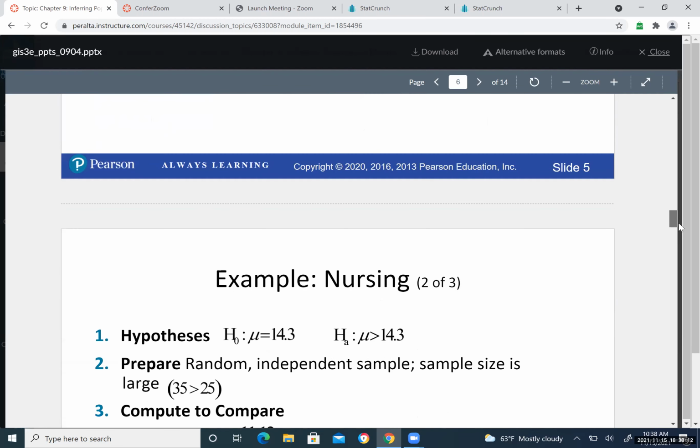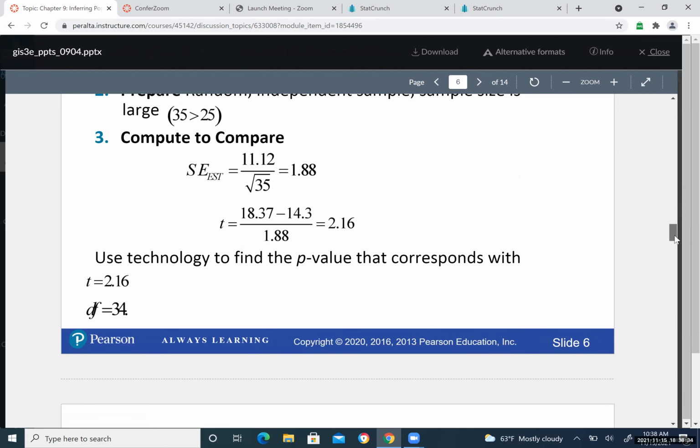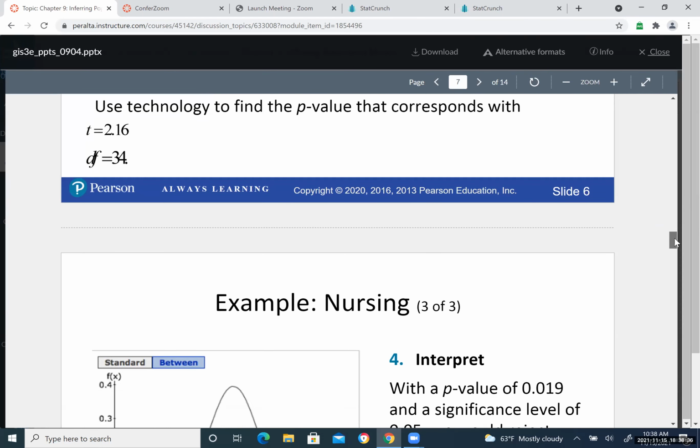That's how they compute it by hand. Plugging it into the formula, you have this value for T, okay? When you have the value for T, the degree of freedom is n minus 1. 35 minus 1 gives you 34. That's how you do it by hand.